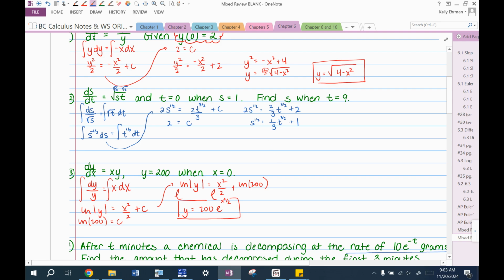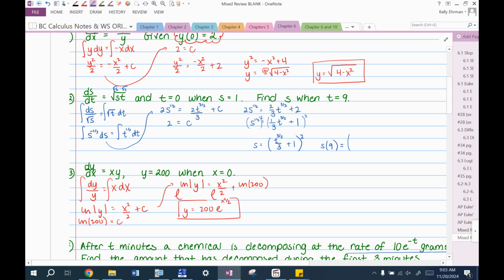And this is s to the 1/2, or remember that's square root of s. So you would need to square both sides to get rid of that exponent. So s is equal to, I'm just going to write this as t to the 3/2 divided by 3 plus 1. That quantity is squared. So there's my s. And then I want to find s of 9. So plug in 9.